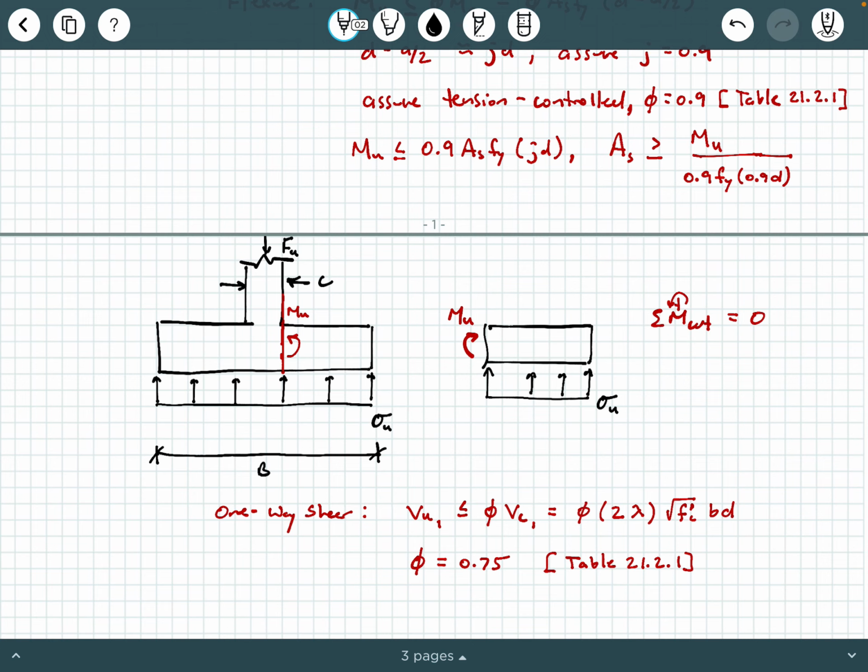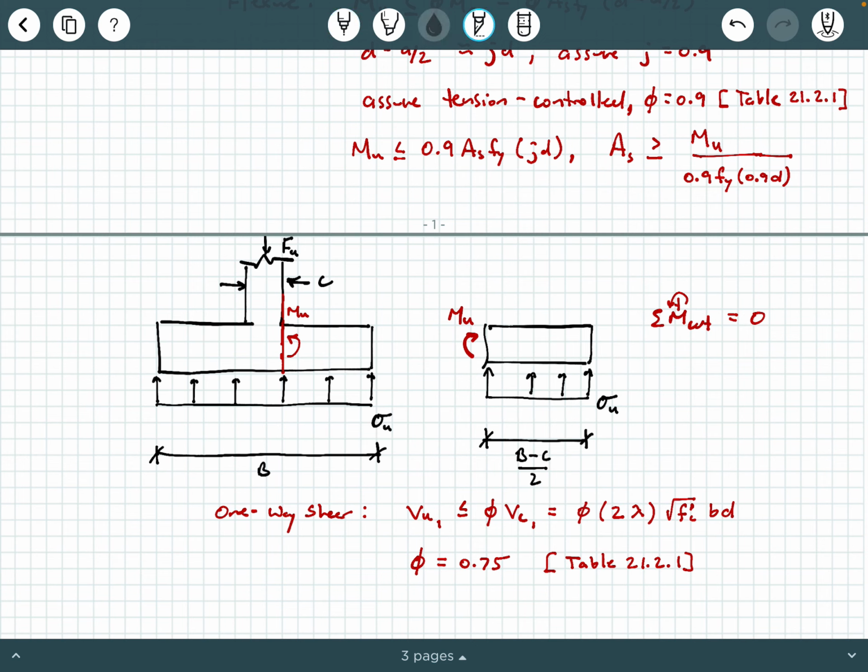So then what is this dimension here? Well, if we just do some basic measurements, this is going to be B over 2 minus C over 2, okay? Or you could repackage this as just (B minus C) over 2, least common denominator, okay?